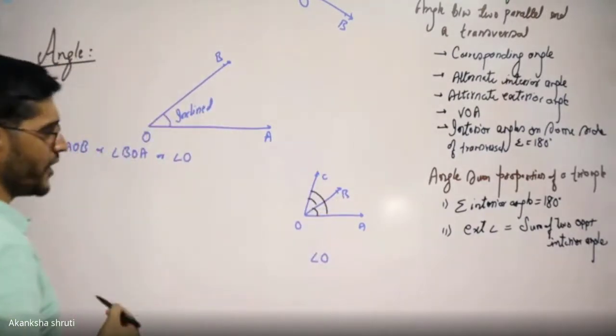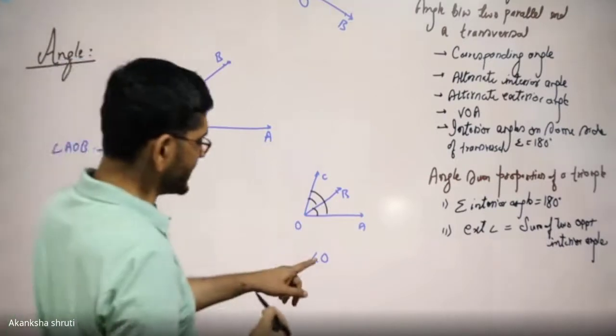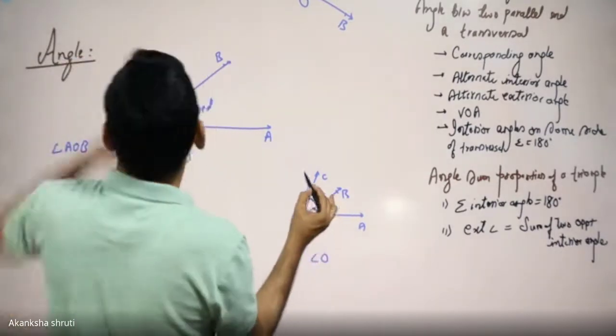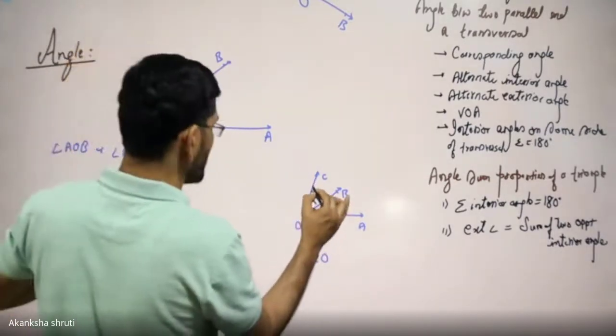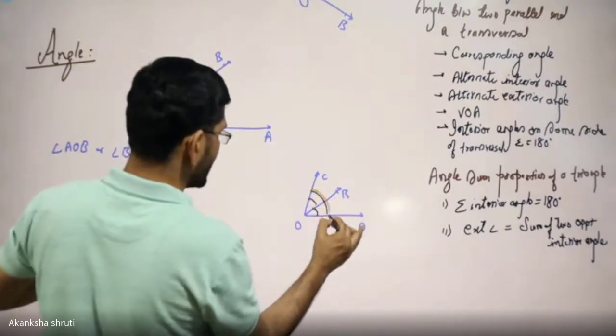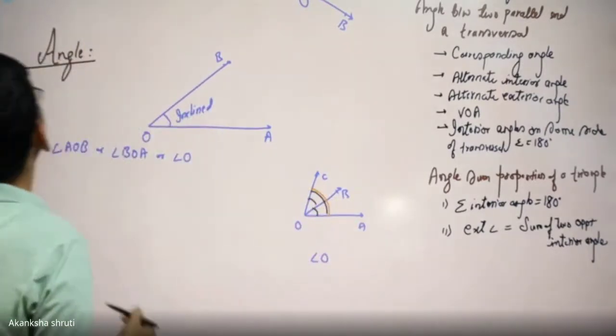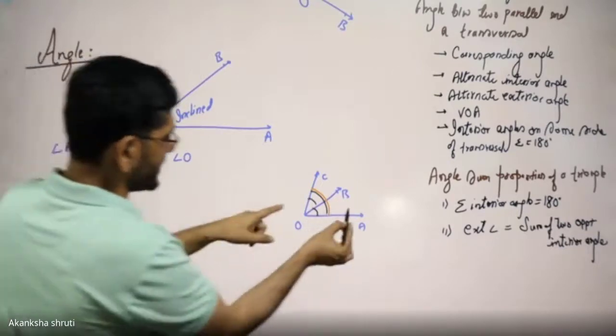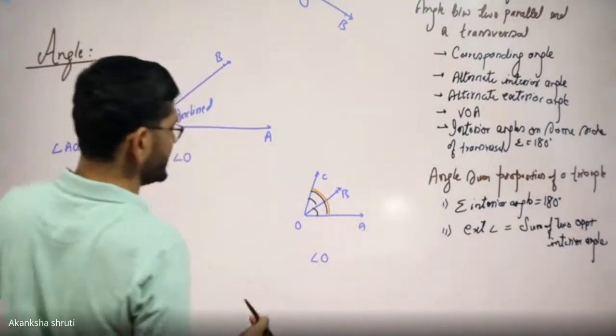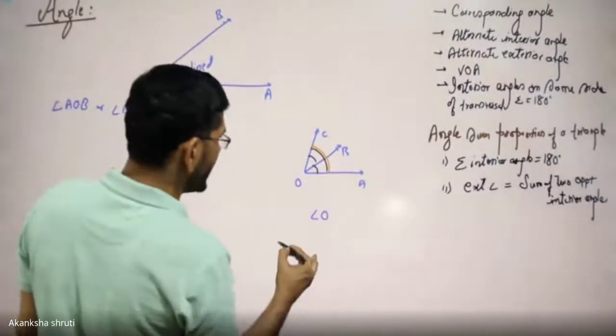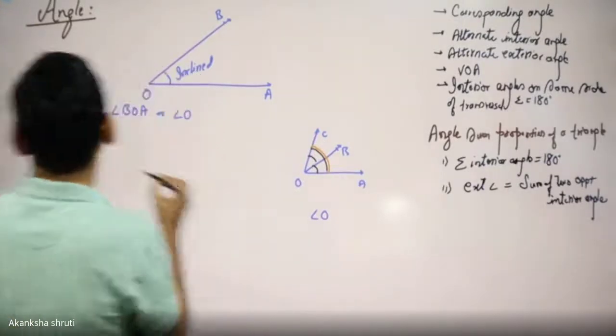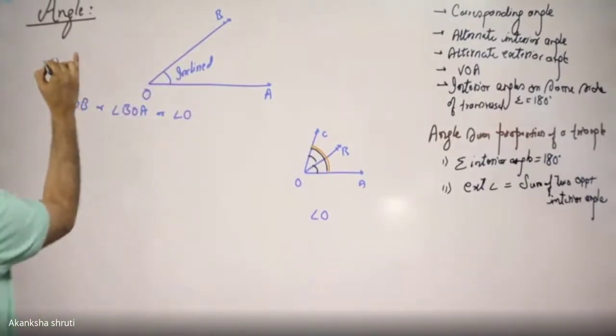By default, if nothing is mentioned, then angle O means the largest possible angle at O. So students, if we have such a situation, we have to specify the angle carefully.